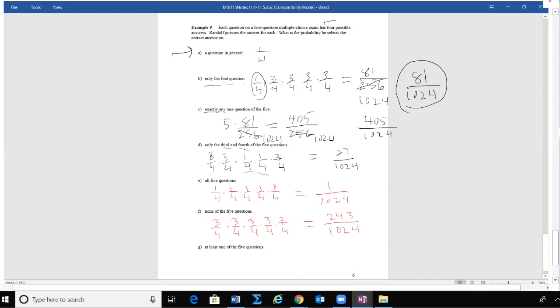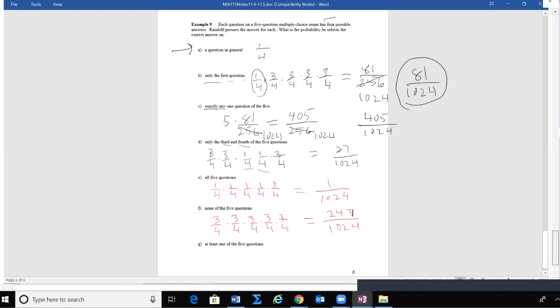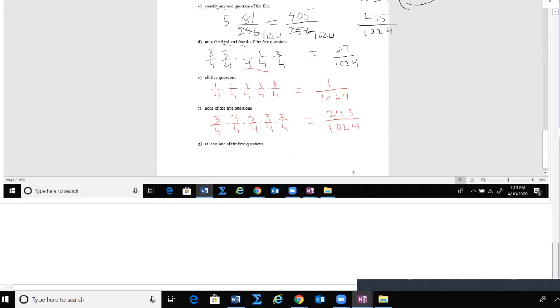So, all right, next question, last one here. Okay, here it says at least one of the 5 questions correct. There's that at least one question again. At least one. So we know, the complement of at least one is what?